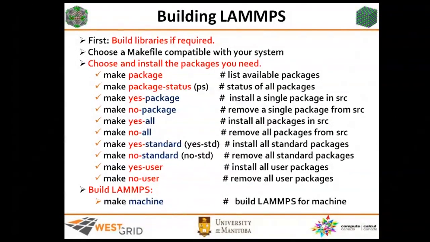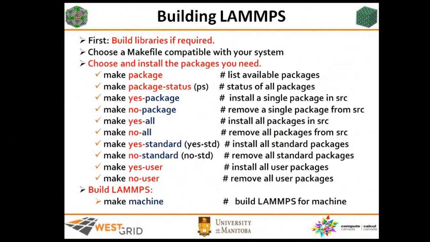For example, there are different commands that come with make plus an argument. If you type, for example, make package, it will list all the packages that are included in LAMMPS. When you build LAMMPS, you can add some packages or remove some of them. It depends on what you want to do with it.